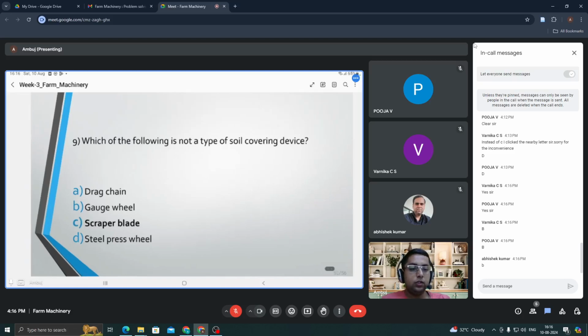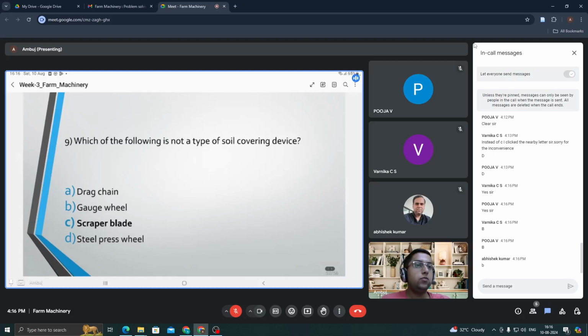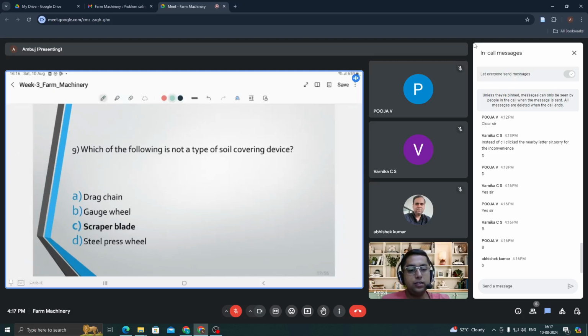The correct option would not be gauge wheel, it would be scraper blade. Two terms are there; I'll write it here in a different color, maybe it is not visible to you. First is scraper, another is blade.